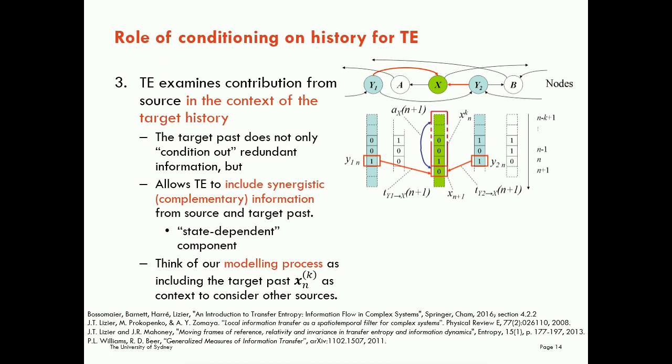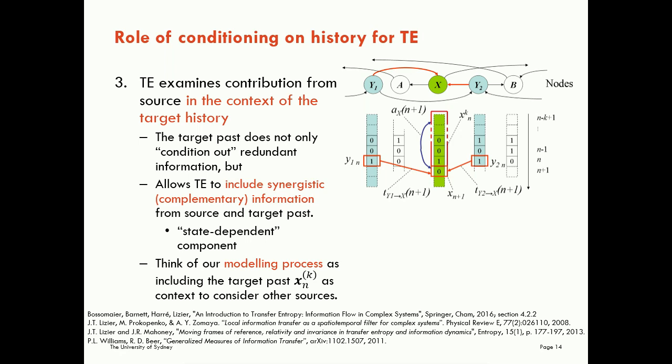A third way we can interpret the role of conditioning for the transfer entropy is to think that the transfer entropy examines the contribution from the source in the context of the target history. Now, to a large degree, that's similar to what I said a couple of slides ago.